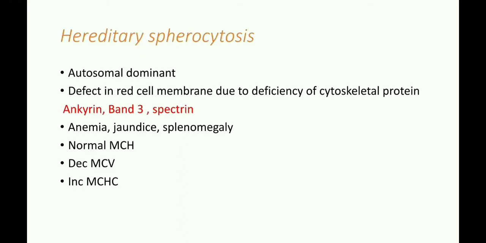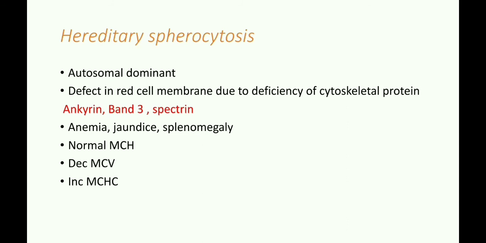First of all, hereditary spherocytosis. It is a hereditary cause and an intracorpuscular defect. It is an autosomal dominant disorder. Here there is a defect in the red cell membrane due to the deficiency of a cytoskeletal protein. The most common protein involved is ankyrin.